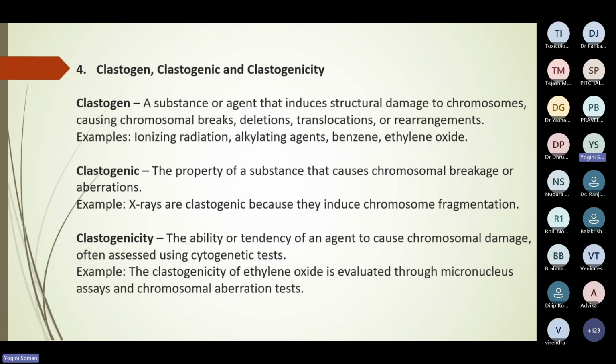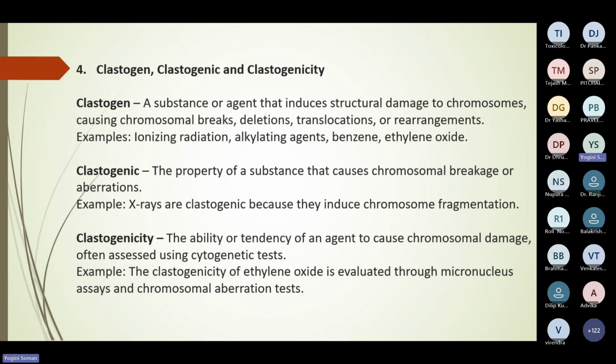Clastogenic means the property of a substance to cause structural chromosomal aberrations. An example is X-ray. X-rays are clastogenic because they induce chromosome fragmentation.